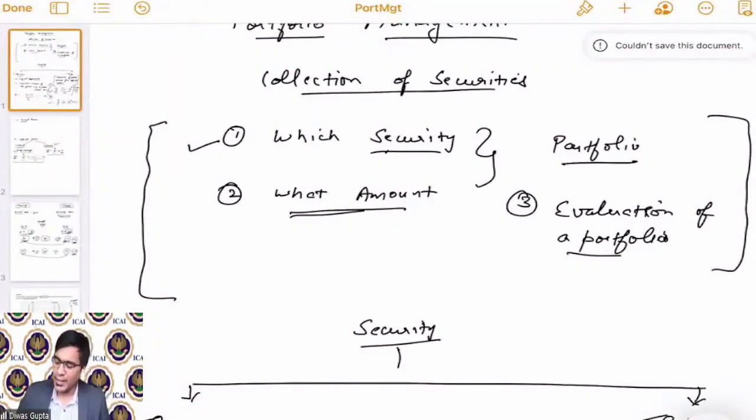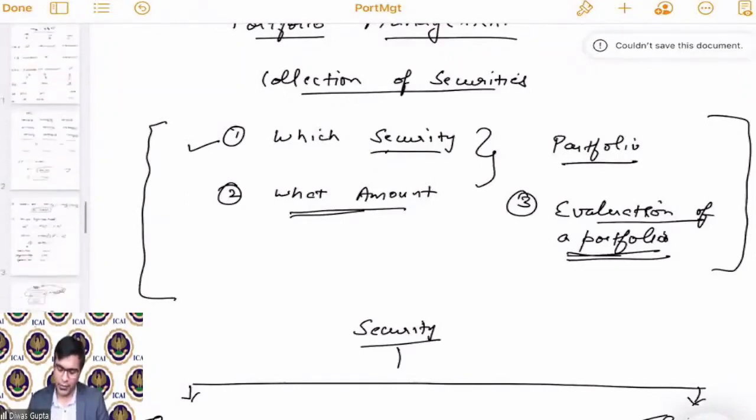But before that, there is one more thing on the evaluation of portfolios. Which are the evaluation techniques of a portfolio? Once the portfolio is formed, how are we going to evaluate whether that portfolio is performing good or not good?